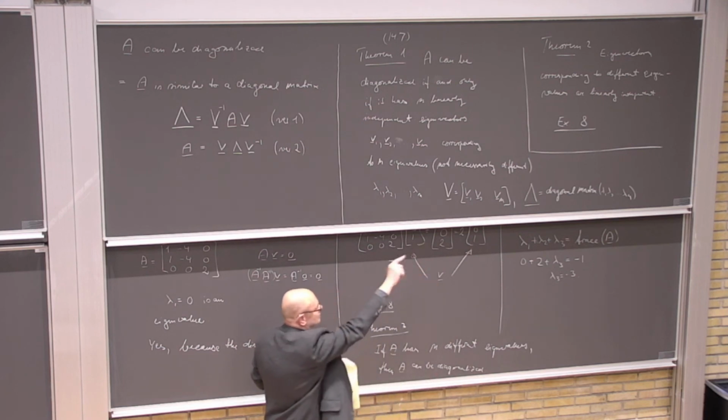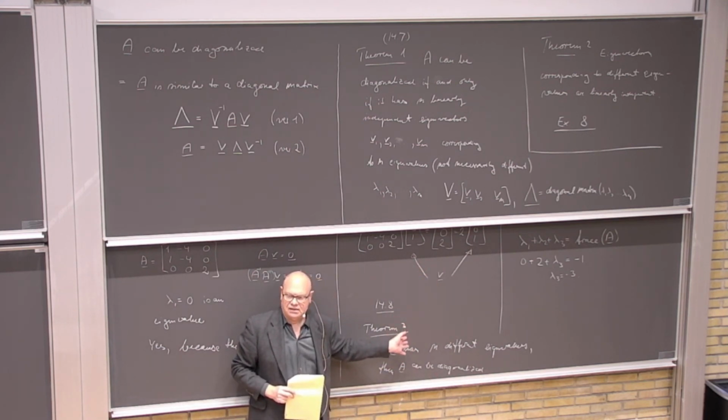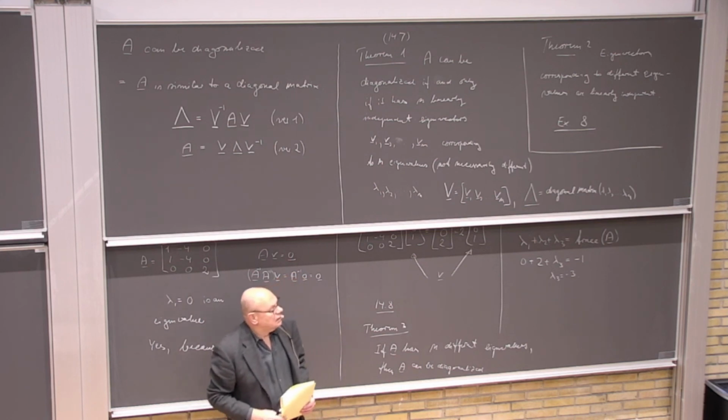Because by this sentence up there, if it has n different eigenvalues, it will have n linearly independent eigenvectors, and hence it can be diagonalized.